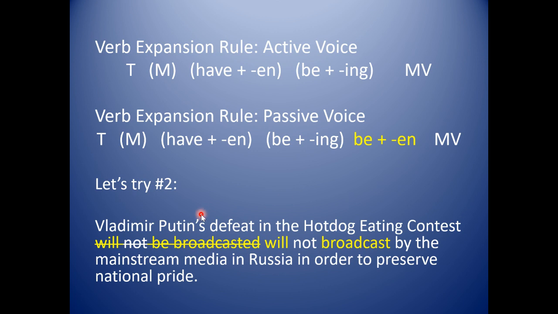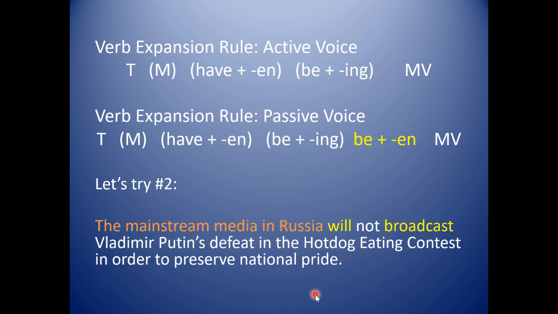I'm going to take Vladimir Putin's defeat and move it to the other side of the verb. And if I can find a prep phrase with the word by, like in this case, by the mainstream media, I'm going to move that to the front as the subject. So this time, unlike number 1, I had something to move to the front. So this one switches around easily to the mainstream media in Russia will not broadcast Vladimir Putin's defeat in the hot dog eating contest in order to preserve national pride.